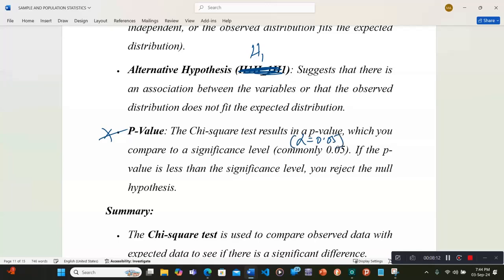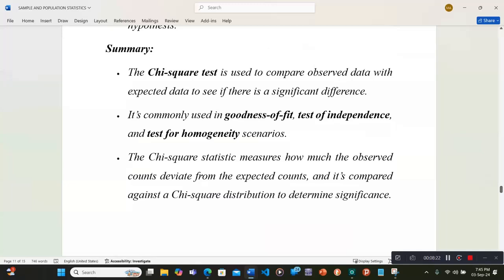If the p-value is less than the significance level, then you reject the null hypothesis. So in summary, the chi-square is used to compare observed data with expected data to see if there is a significant difference. It's commonly used in goodness of fit, test of independence, and test for homogeneity scenarios.